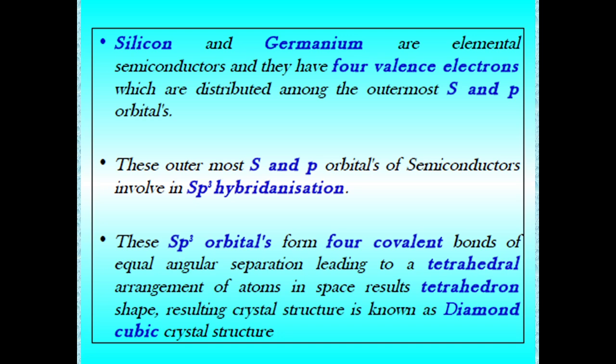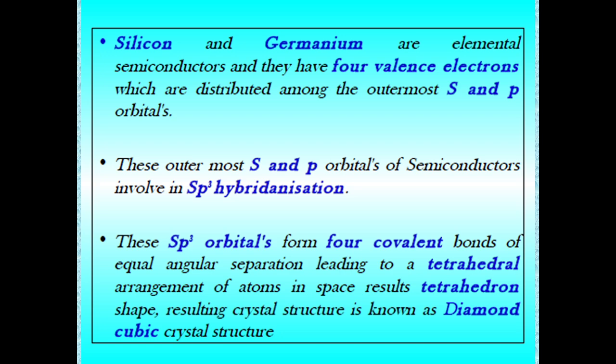These outermost s and p orbitals of semiconductors are involved in sp3 hybridization. These sp3 orbitals form four covalent bonds of equal angular separation, leading to a tetrahedral arrangement of atoms in space. This results in a tetrahedron shape, and the resulting crystal structure is known as the diamond cubic crystal structure.